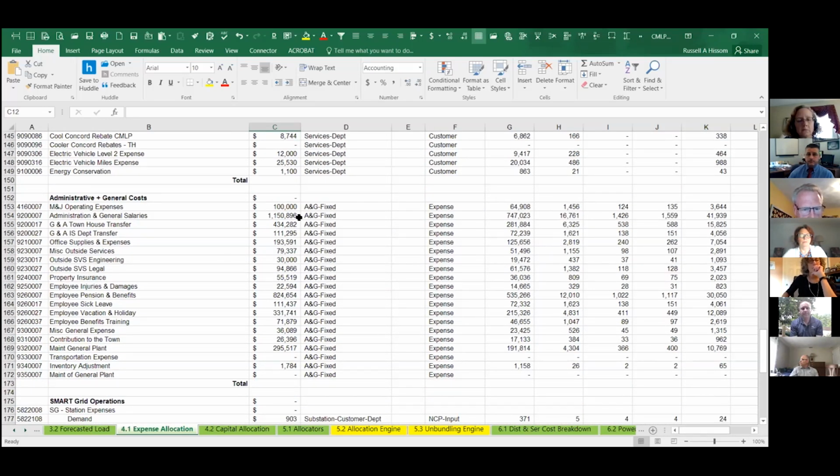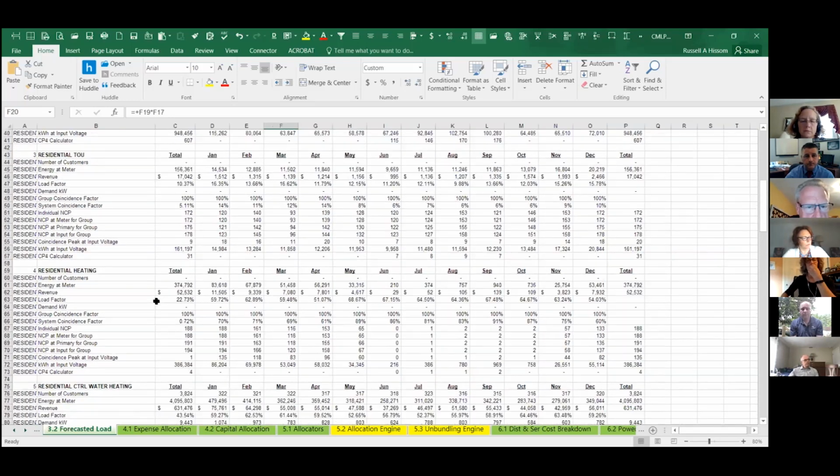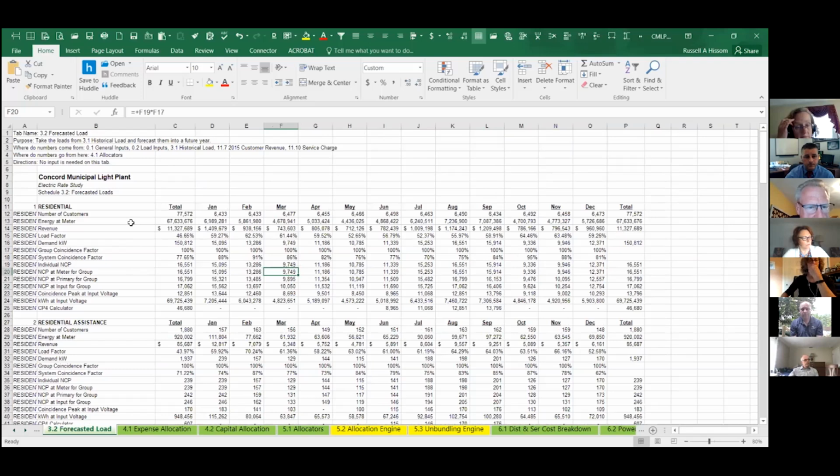And we have our administrative and general costs, which are allocated based on the allocation of all the costs that came before that. So that's the mechanics of doing that, but that's based on the forecasted load of each customer class, number of customers, what their load factor is, what their kilowatt hour usage is, what their demand on the system is, when they peak compared to when your system peaks, when they peak on their own when your system doesn't peak.